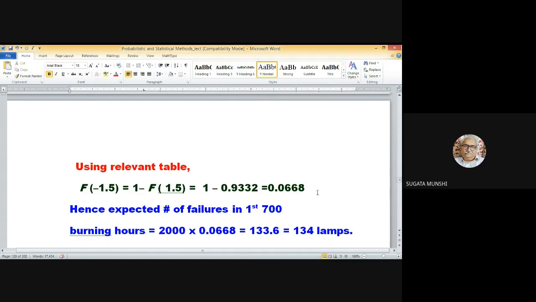Doesn't it mean that the probability of the life being less than or equal to 700 is 0.0668? That is the meaning.